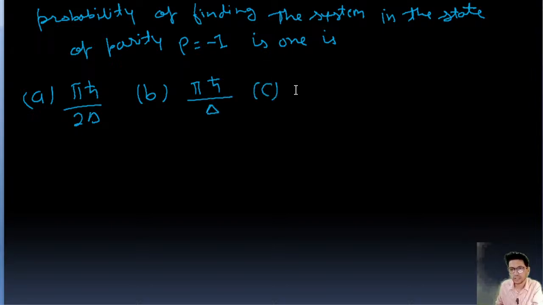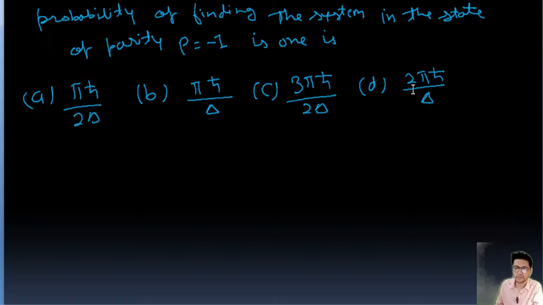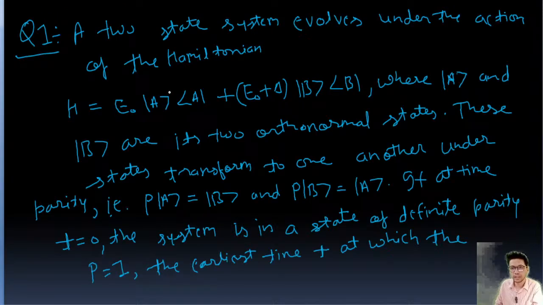Option C is 3 pi h cut upon 2 delta, and option D is 2 pi h cut upon delta. Okay, so this is the question, guys. This is a very good question, and I'm going to read it again. I'll explain the question and then I'll solve it.